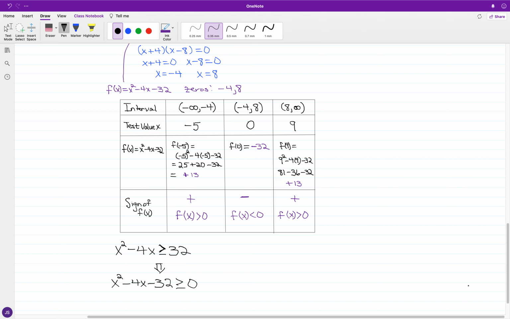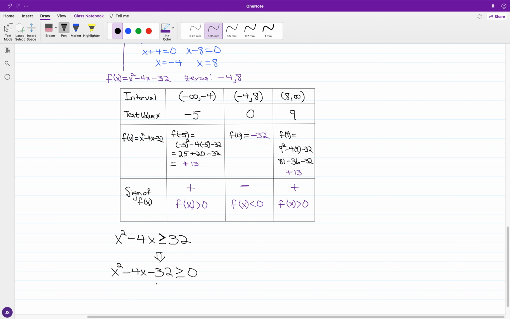This would be another way of saying that we have f of x is greater than or equal to 0.